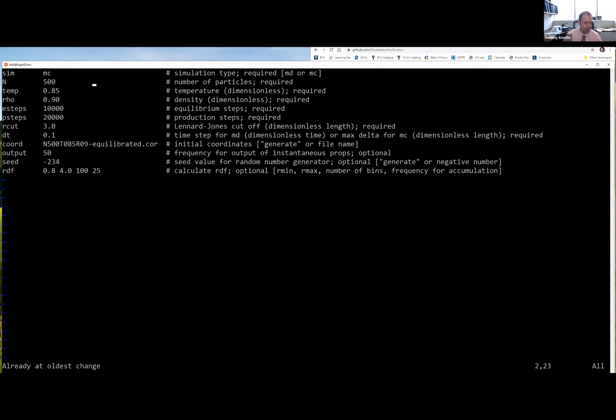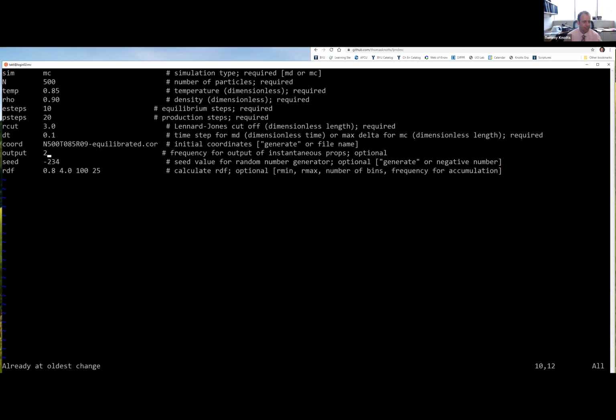So I want to make a couple changes for a second, because if I ran this right now, it would take about an hour and a half to complete, and we don't want to go that long. So I'm going to reduce this to 10 steps and 20 steps, and because of that, I'm going to change the output to every 2.